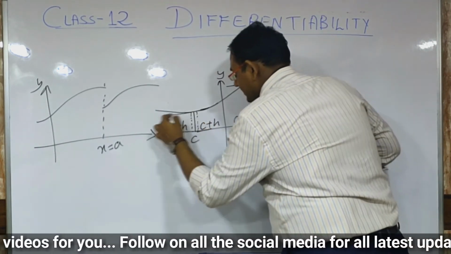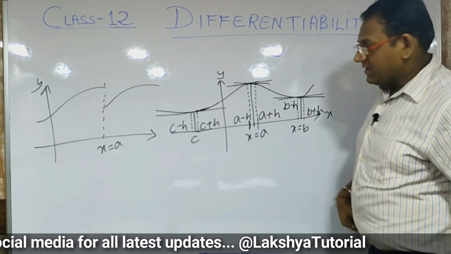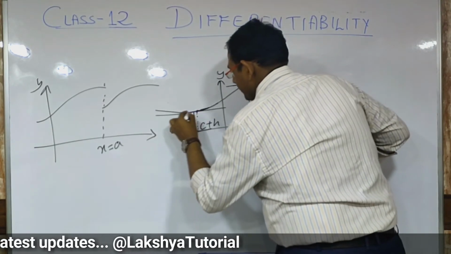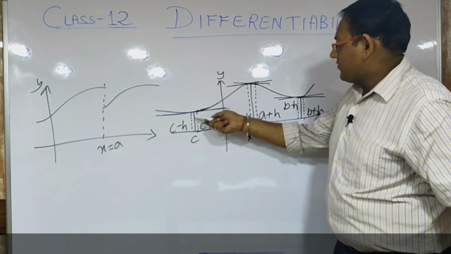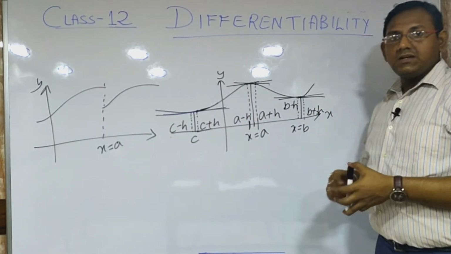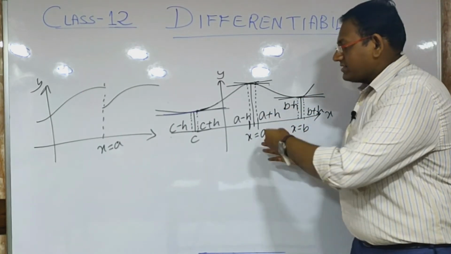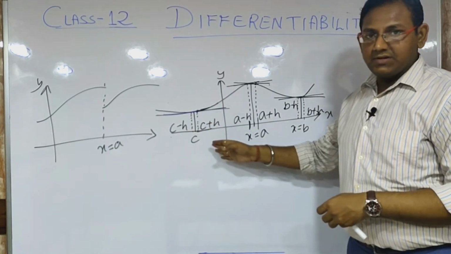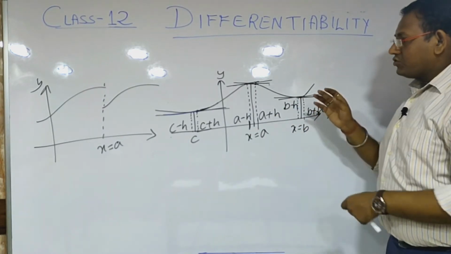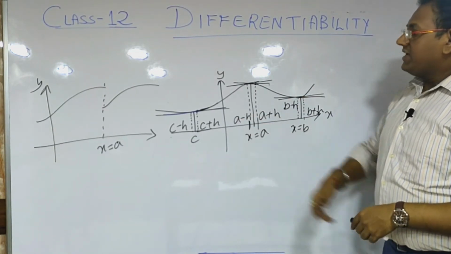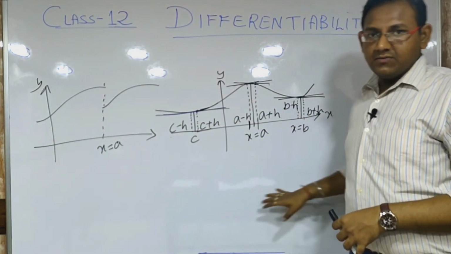If we draw the tangent at these points, taking another marker, we basically get the same tangent. So this is differentiable. So you understood the basic meaning of differentiability. It means if we take two points, one just before and one just after, draw the tangent at those two points, and check whether those two tangents are the same, then only we can say the function is differentiable. I hope you understood this entire concept with the help of the graph.